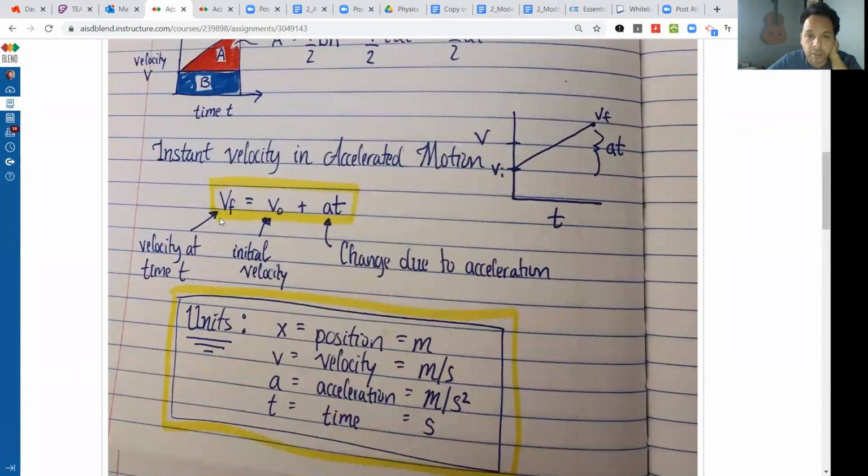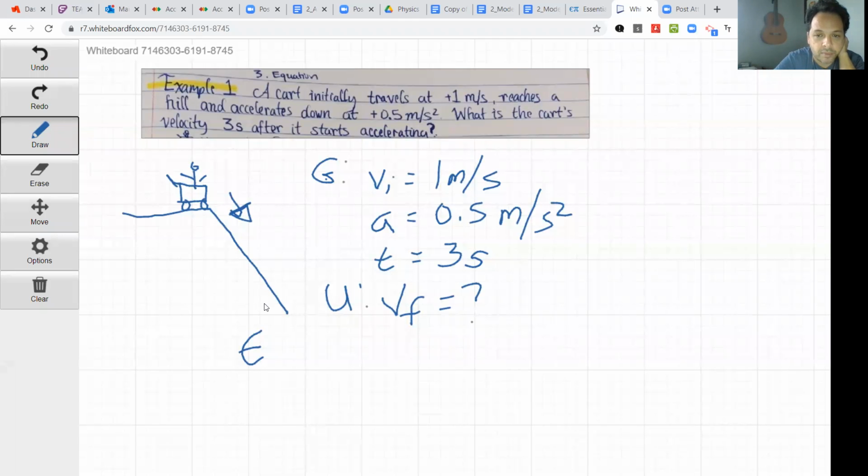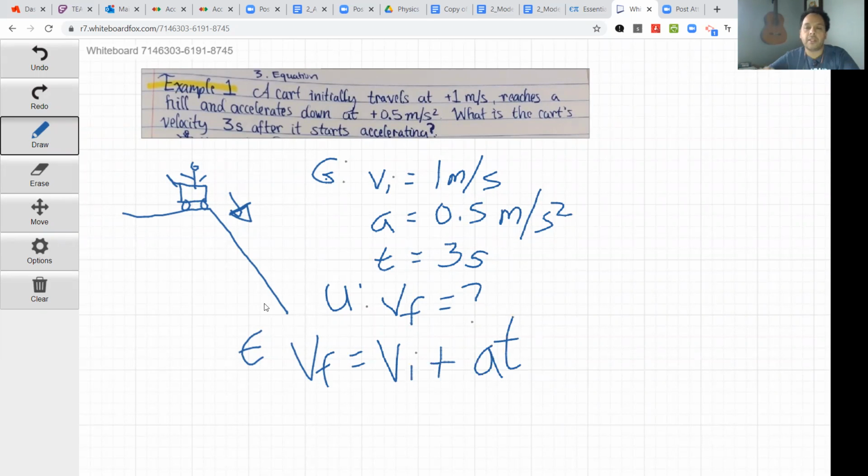This one will give us our velocity. All right, so now we're going to substitute. So VF equals VI, which is 1 plus 0.5 times 3.